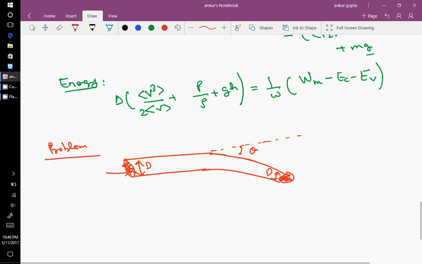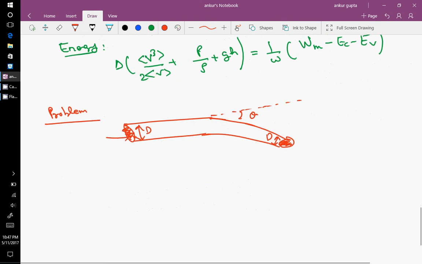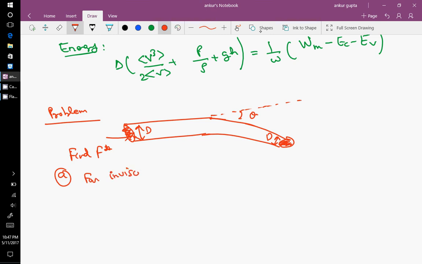And the bending has an angle of theta, and what we have been asked to find, let's write the case, we have been asked to find F star, A for inviscid flow and B for turbulent flow.